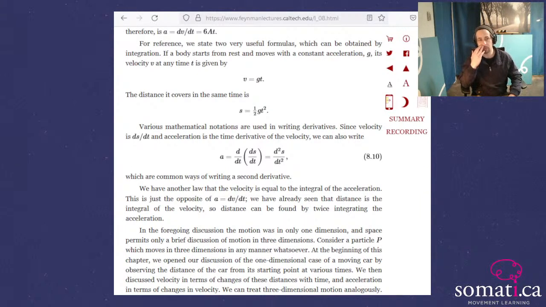The body starts from rest and moves with a constant acceleration g. Its velocity at any time is given by, right.